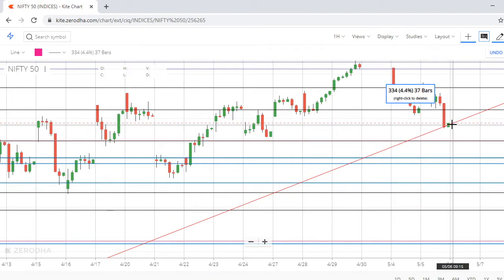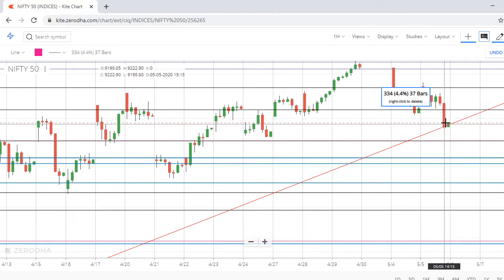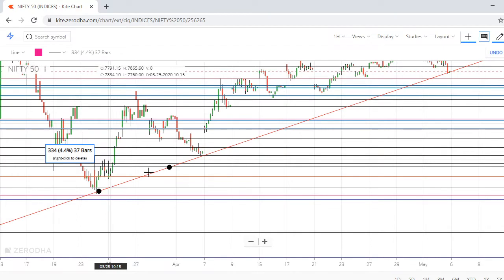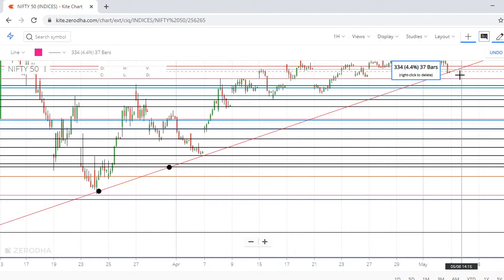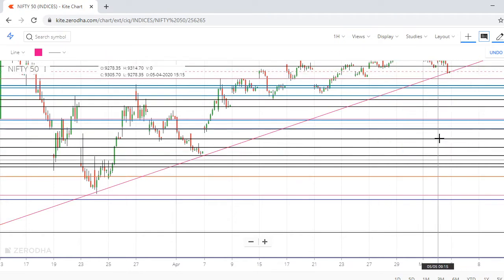Perfect support, and it's trying to take a reversal. Trend line support. When compared to 5 minutes, the 1 hour chart is stronger. So there can be a strong fight between bulls and bears. There can be a reversal tomorrow. It doesn't mean that it has to go up, it may fail, but there can be a high possibility. Okay, that's how you can define.